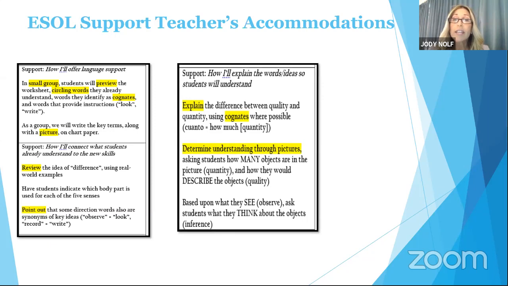Again, determining understanding through pictures. That's how I, as the ESOL support teacher, will help explain the words so students will understand. And we're going to look at some of these ideas in a virtual setting and how we can make it work.